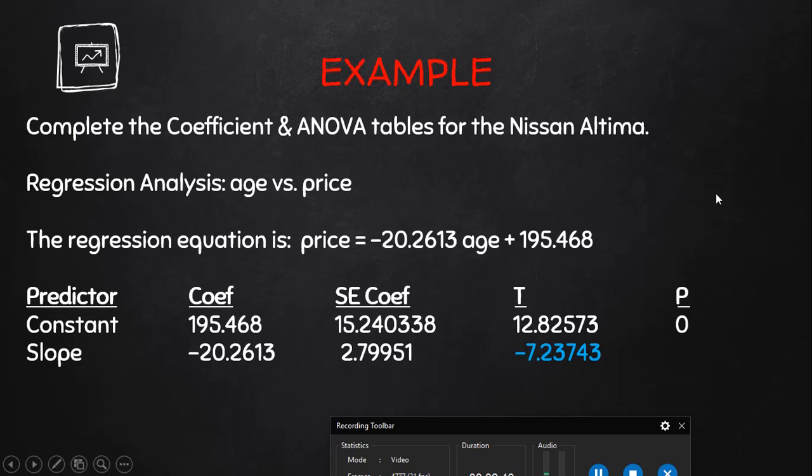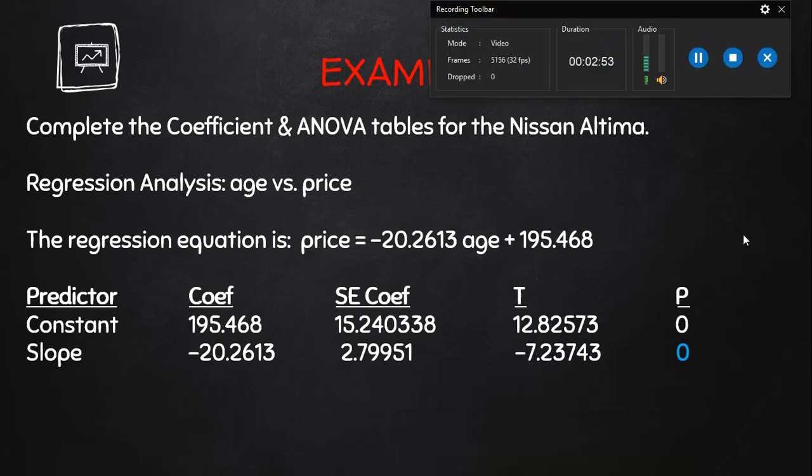And the p-value, make sure you touch that cell so that you can see it. The p-value is so small that it's in scientific notation, and it is essentially 0. From the coefficients table, we could run t-tests to see if the slope is 0.